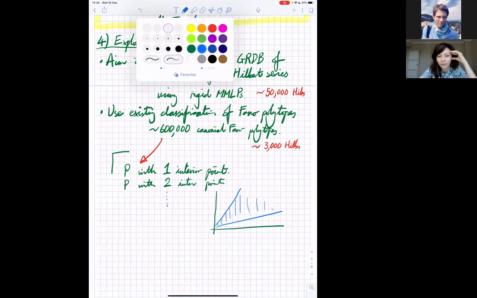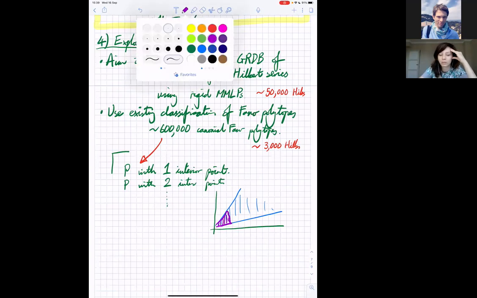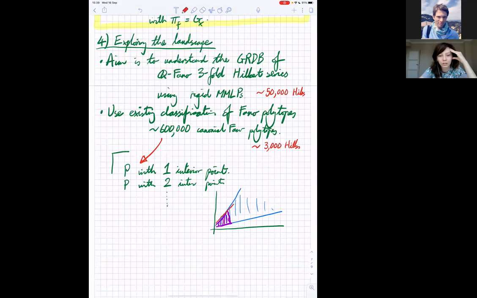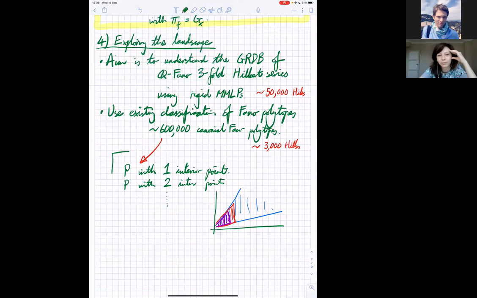Then you can plot a little graph of the data that comes from these one interior point polytopes, and I'm not lying too much when I say it looks like this. And if you plot a graph of two interior points, it looks a bit like this. I have no theoretical reason for this, but you can imagine that there really is a cutoff where once you've calculated all polytopes with n interior points, you've probably found a toric degeneration for everyone in the GRDB. This is experimental, there's no maths behind it.